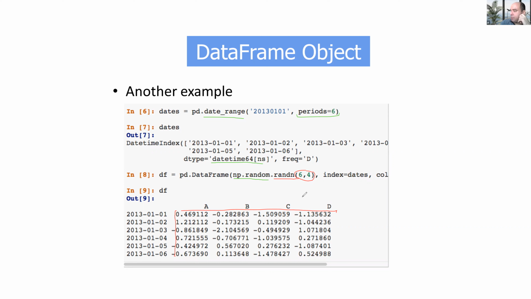And then I give it indices, which are the dates that I already defined here. These are the dates. And I give it column names A, B, C, and D. It's here, A, B, C, and D. Okay, it's over the columns.